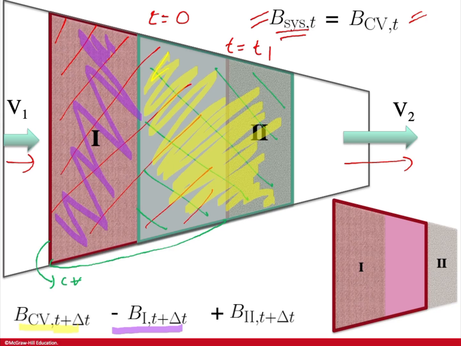So if you end up adding this volume to the initial control volume that was there, what you end up getting is this green volume that you're looking for. So that's the first step here.